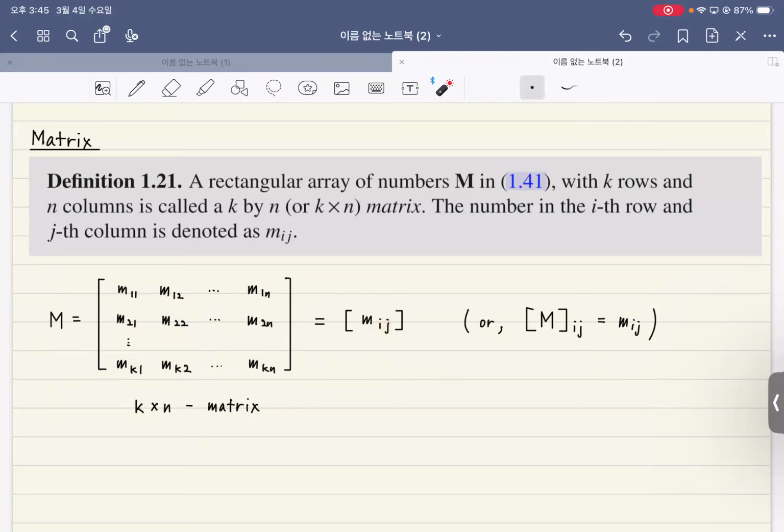The first index represents the row index, so this I represents on which row this entry is located. The second index, in this case denoted by J, is called the column index. So here, we have K rows and N columns, so this is a K by N matrix. Or sometimes, if I want to emphasize the I'th row and J'th column entry of the matrix M, then from time to time, I'm going to use this notation. So this is the matrix.